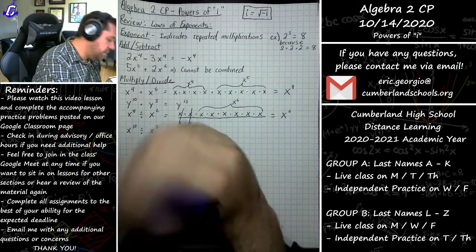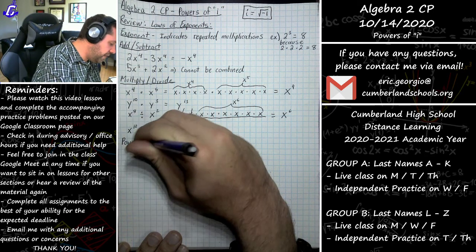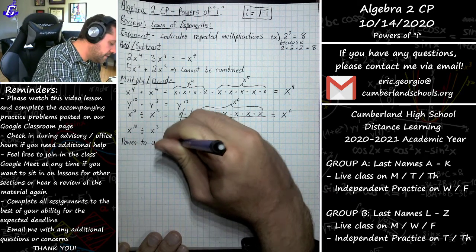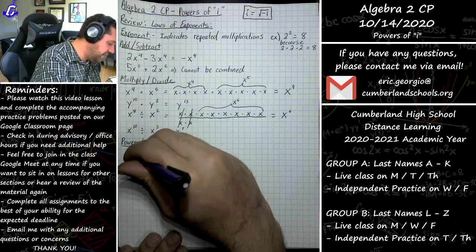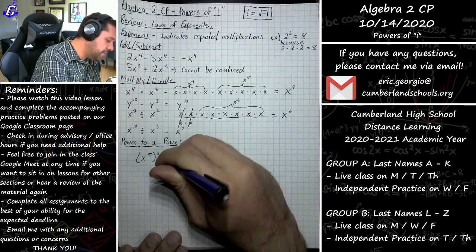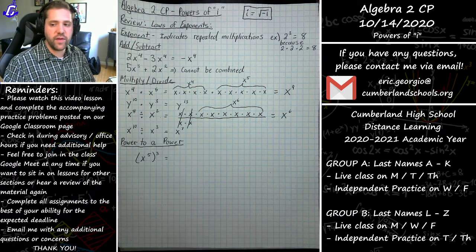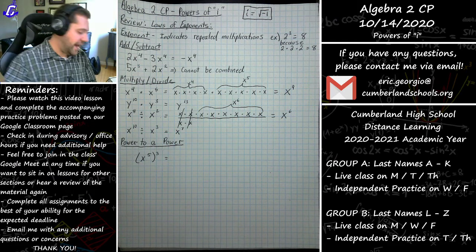Very good. One more thing that you see in laws of exponents all the time is you see a power raised to a power. That's a thing that comes up pretty frequently. So if I have something like this, x to the 5th to the 3rd, right? X to the 5th all raised to the 3rd power. Again, it's beneficial to think about what this actually means.